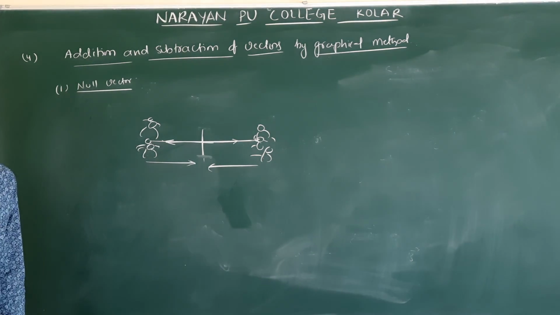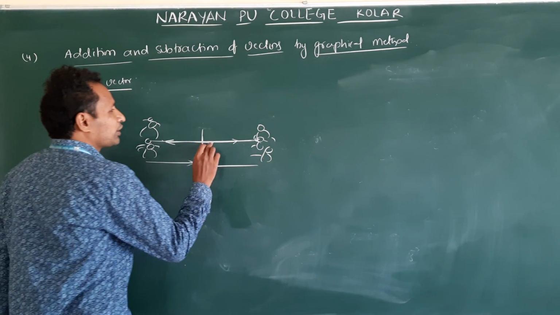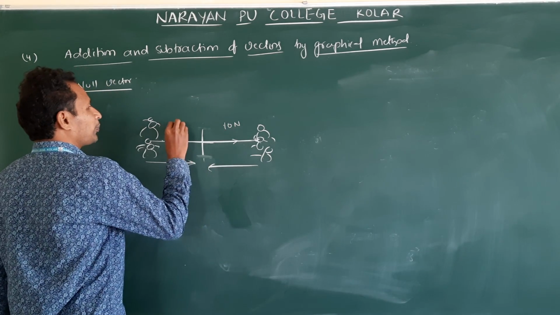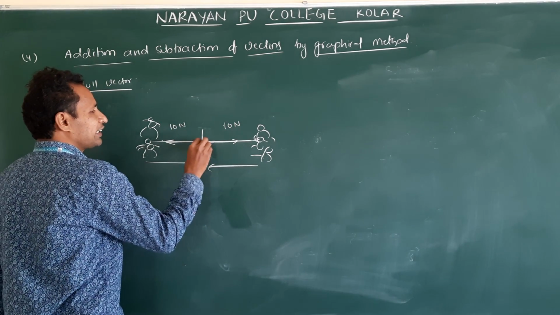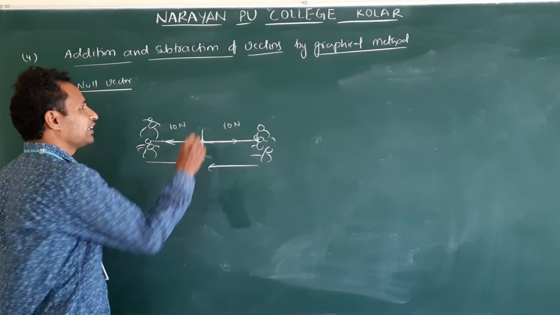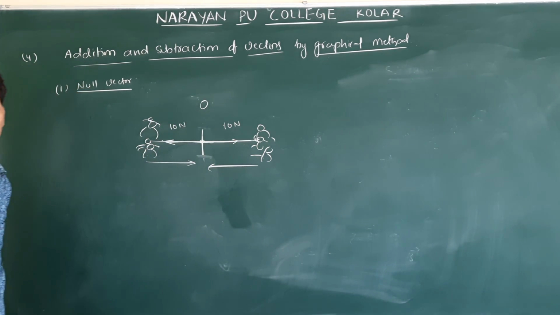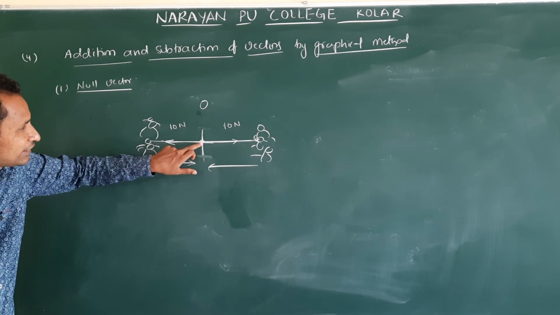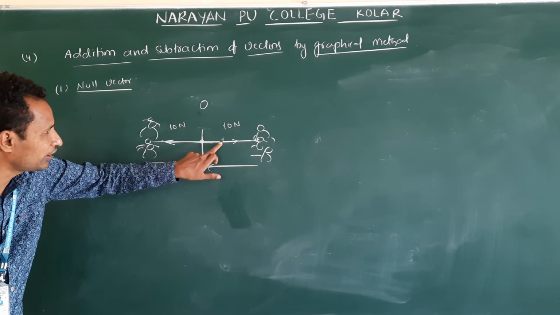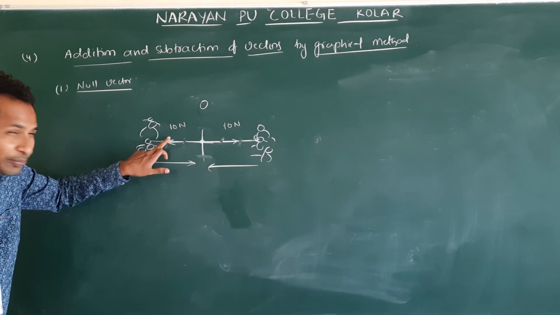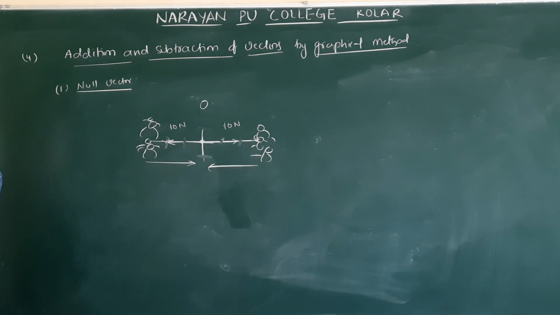Suppose these people are applying 10 newtons, and these people are applying 10 newtons. What is the resultant net force? Both are acting in opposite directions, so the net is 0. Where is this 0 acting, at the center, or at this point or that point? We cannot say.